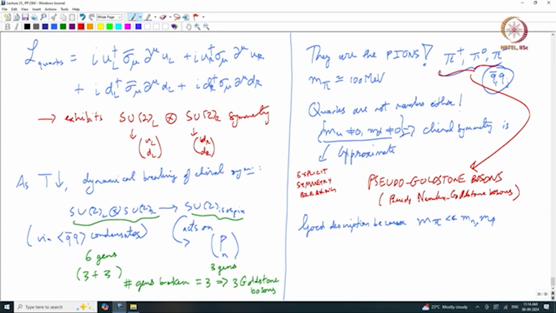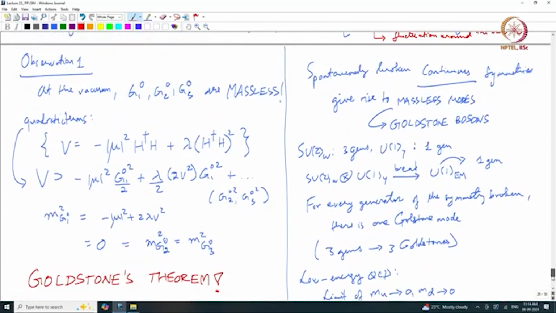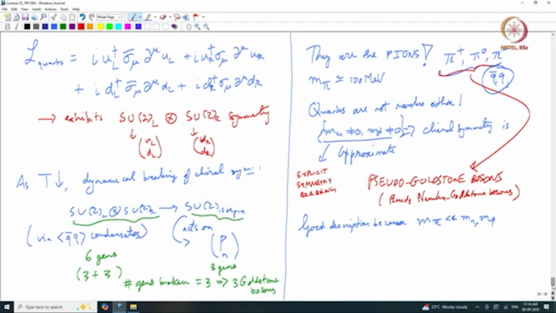Alright, now let's go back to electroweak symmetry breaking, which is a pure spontaneous symmetry breaking, and I am going to make my second observation about this, which is that I am going to start deriving the masses of the gauge bosons. Where will I get the mass of the gauge bosons?